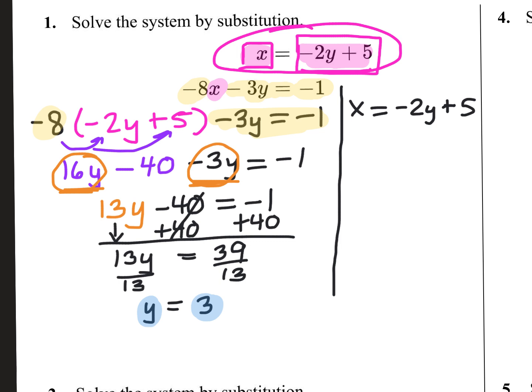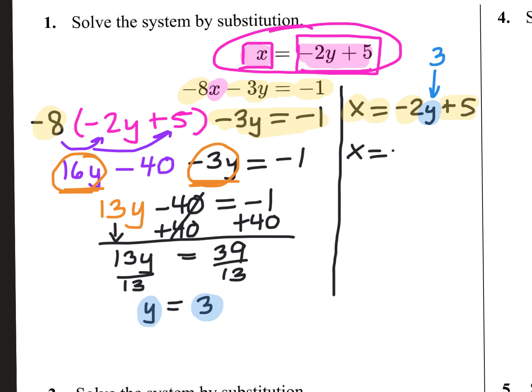So I'm going to rewrite this equation exactly the same. I'm going to write the x equals the negative 2 and the plus 5. The only thing that's going to change is I'm going to replace the y. And what am I going to replace the y with? You got it. I'm going to replace the y with a 3 because I found out in my previous steps that y is equal to 3.